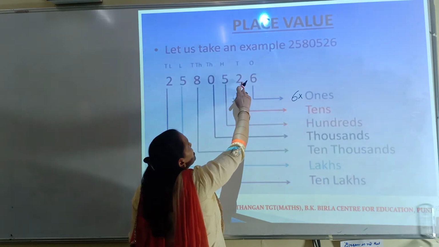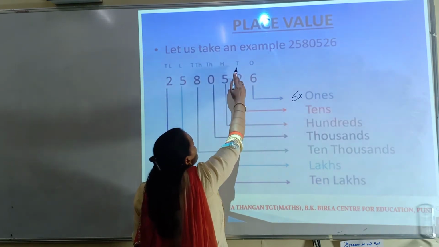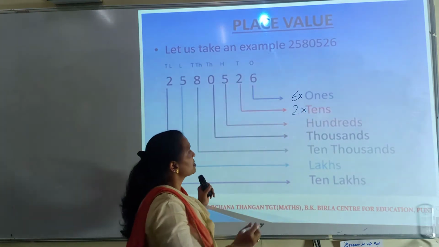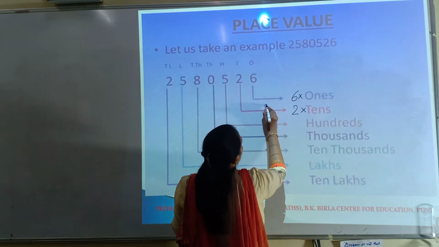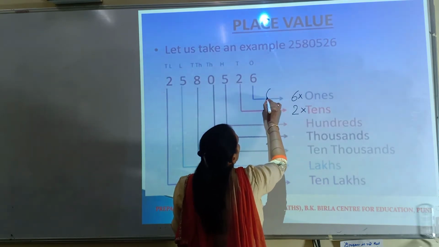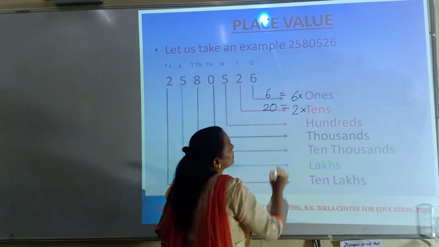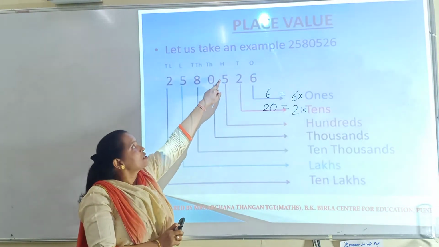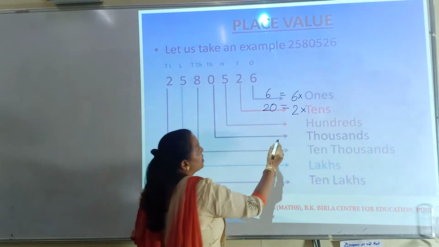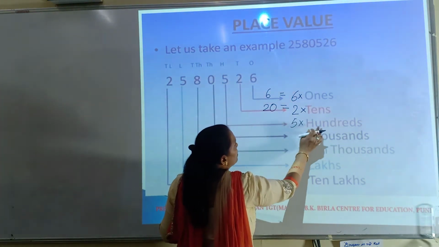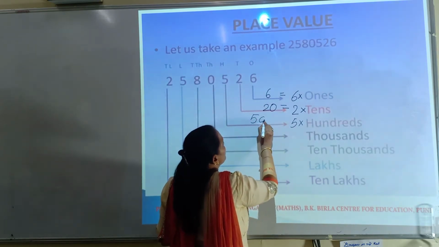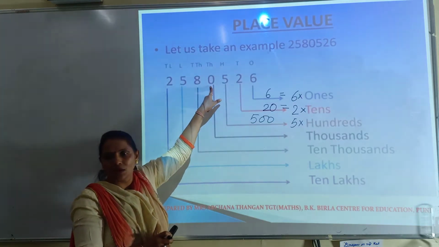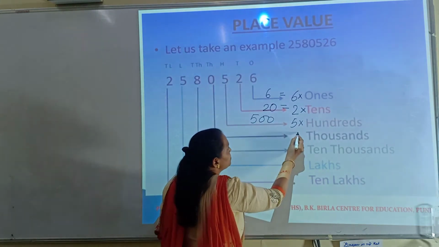The second digit is 2. 2 is in tens place, so its place value is 2 tens, which means 20. Next, 5 is in hundreds place, so its place value is 500. Next digit is 0. 0 multiplied by any number is 0. So, its place value is 0.